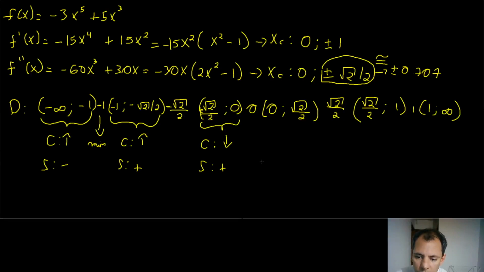So this is what you have, something like this. And this point right here equals minus square root of 2 divided by 2. You got a positive slope before and a concavity up. You got a positive slope later and a concavity down. Okay, so this is a point of inflection.